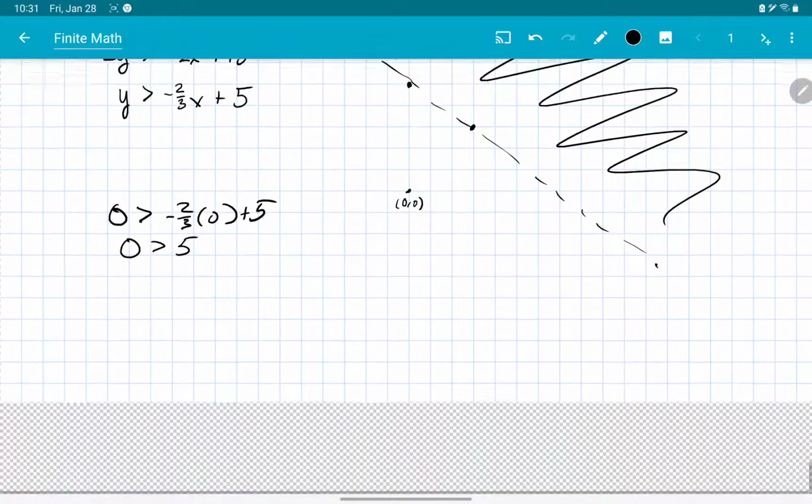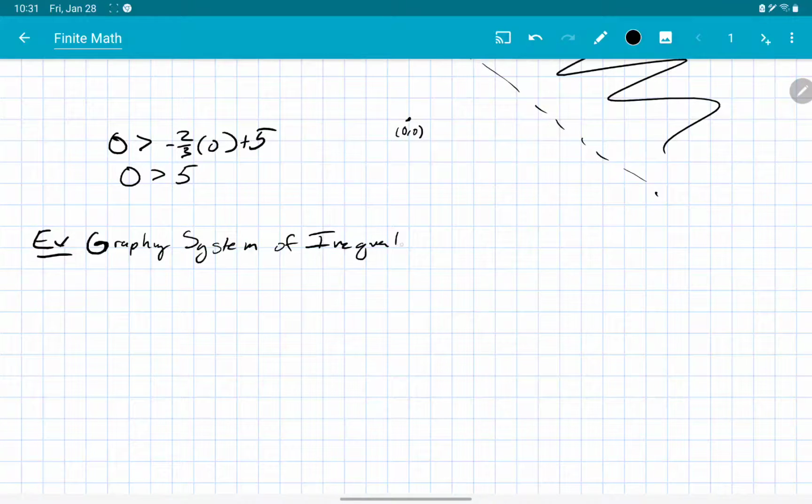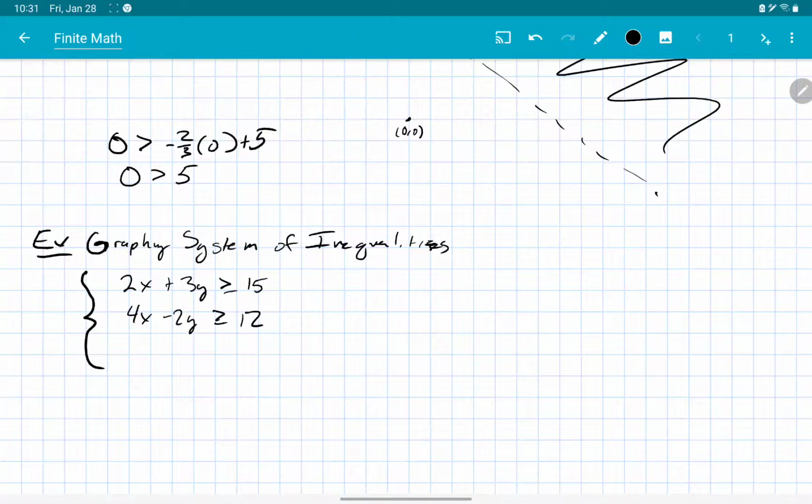Okay. Another possibility that we might be looking at is graphing a system of equations, or inequalities rather. So let's say we were going to have 2x plus 3y bigger than or equal to 15, 4x minus 2y bigger than or equal to 12, and y is bigger than or equal to 0.